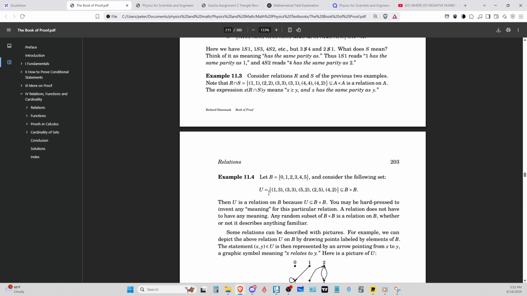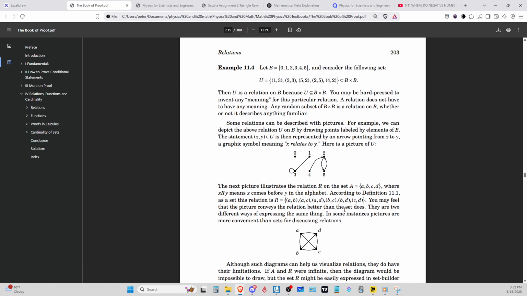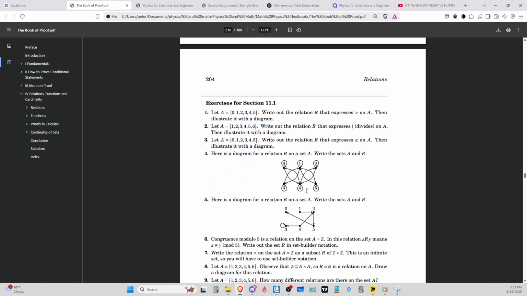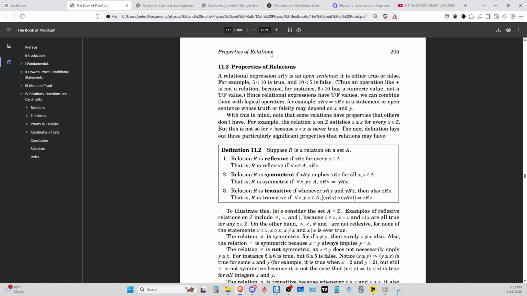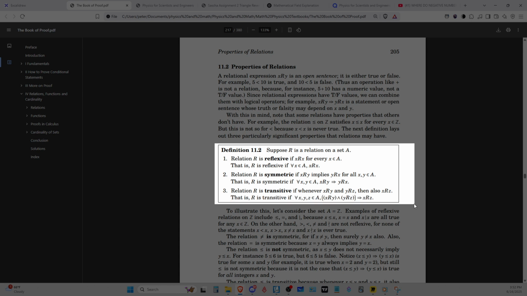Considered the following. Here we go, the definition of what a relation can be.